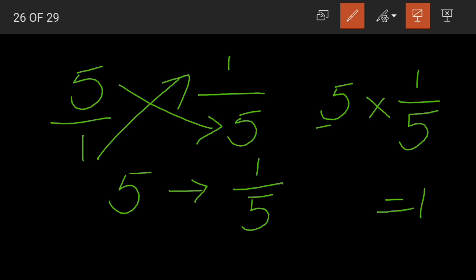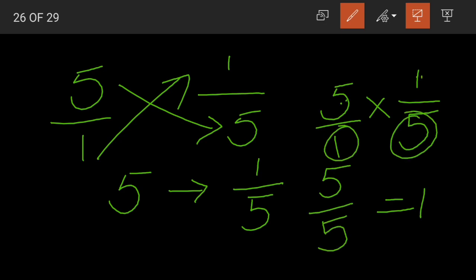Let us check whether the answer is 1 or not. How do we check? Let us multiply the numerators first. 5 into 1 is 5. When we divide 5 by 5, what is the answer? 5 1s are 5. So, the answer will be 1.